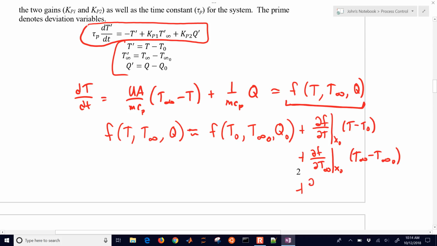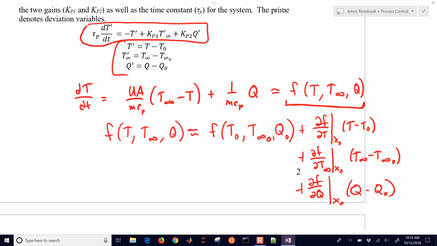We do it for the final term as well. There's our linearized model. If you had additional variables, you just take the partial derivative with respect to that variable, plug in the nominal conditions, and multiply it by its deviation variable.